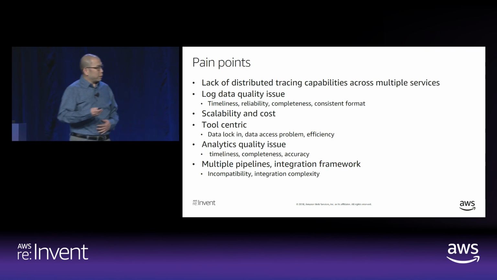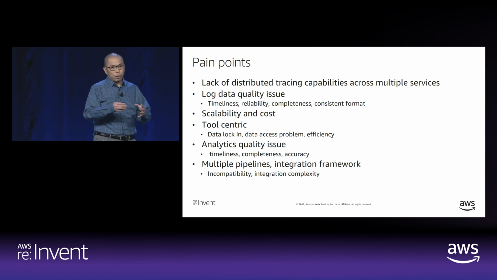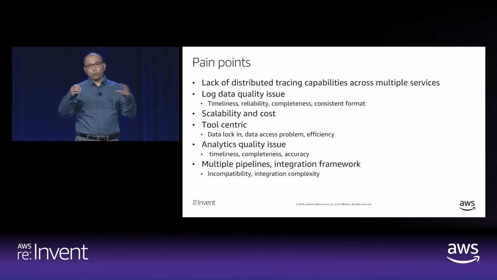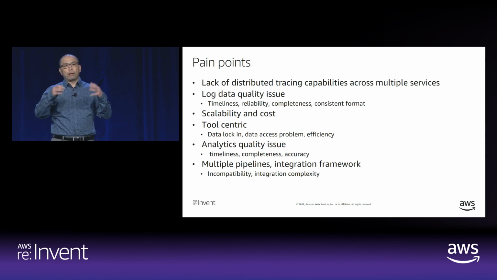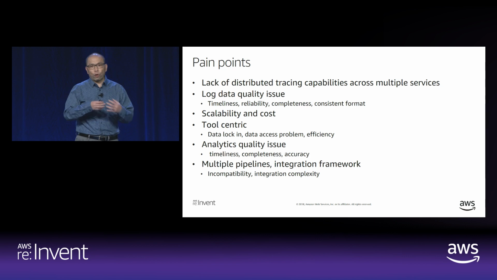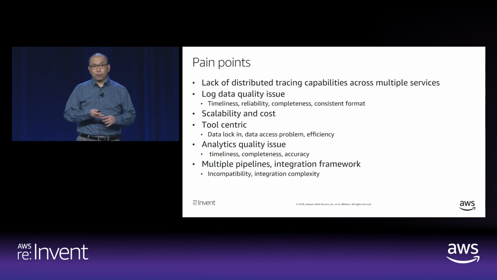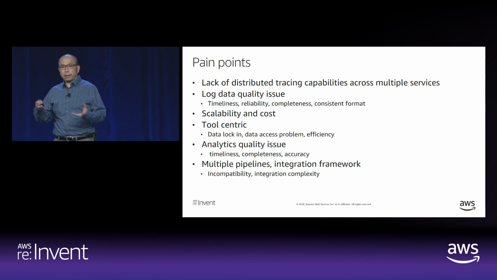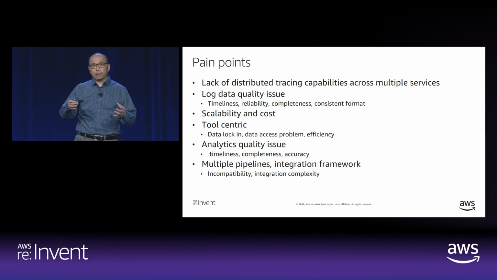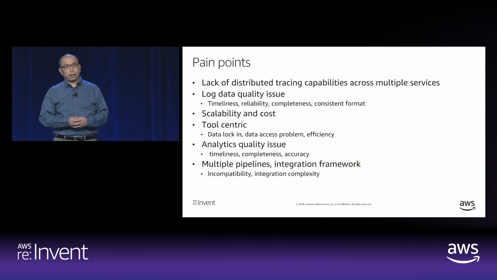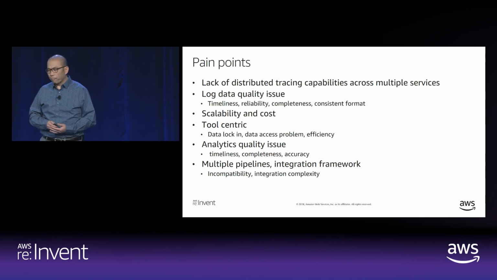We also have been taking a tool-centric approach, meaning everything goes to one place and we rely on that tool to help us solve all the problems and answer all the questions, right? It turned out to be not as effective, right? And the data is locked in a tool, and it's difficult to take the data out so that we can do more of the big data, analytics kind of work. So it's not efficient at all.